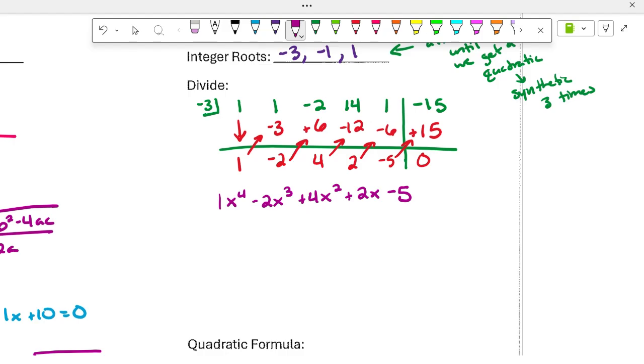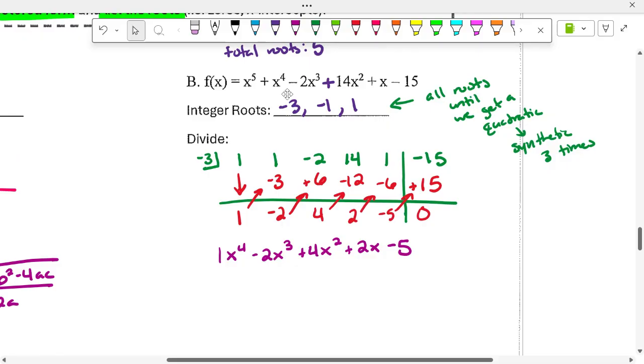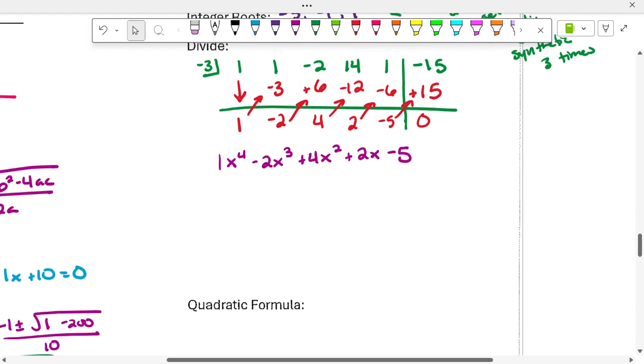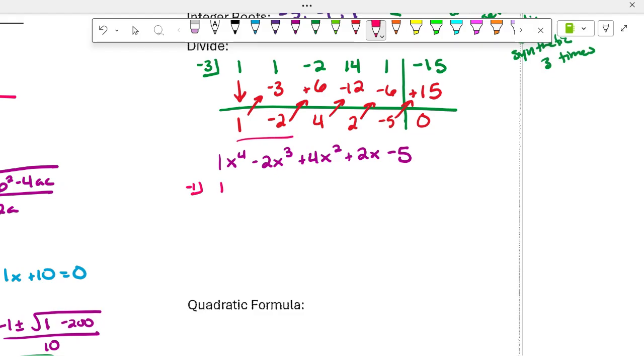Now, I then got to do synthetic division again. So I did it with the first root. Now I'm going to do it with the second root using the new function that I just got. So I have -1 in the corner, and my coefficients should be the exact same thing that I have down here. So 1, -2, 4, 2, -5. And same thing, my remainder should be 0 at the end.